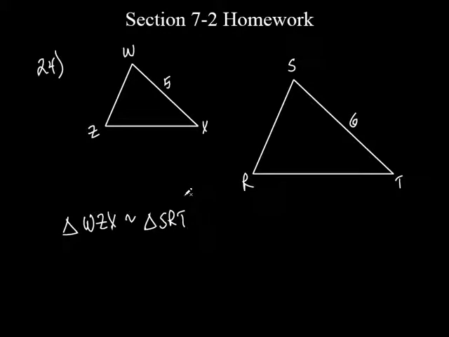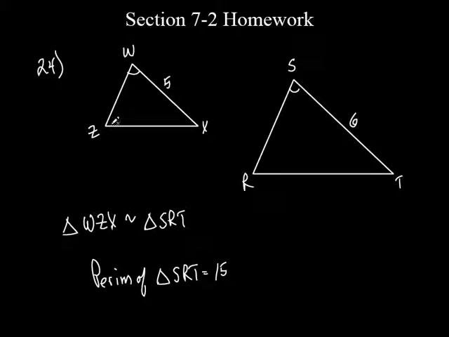SRT. And they say the perimeter of triangle SRT is 15. Alright, well, let's see which ones match up. Let's just write it in here. W and S, well, it looks like it's set up just like you thought it would be, right? Those are equal.